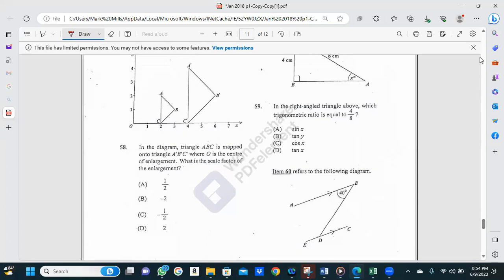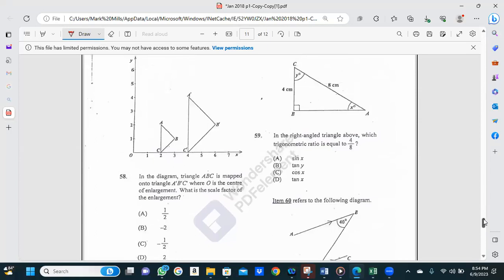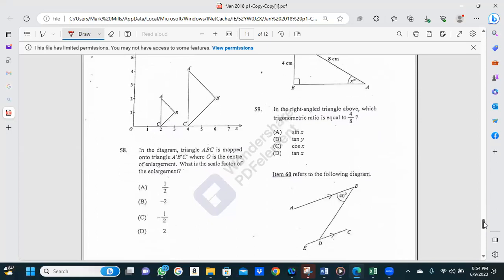Item 58. What is this? They ask you to find a scale factor, right? Anybody remember how to find a scale factor?